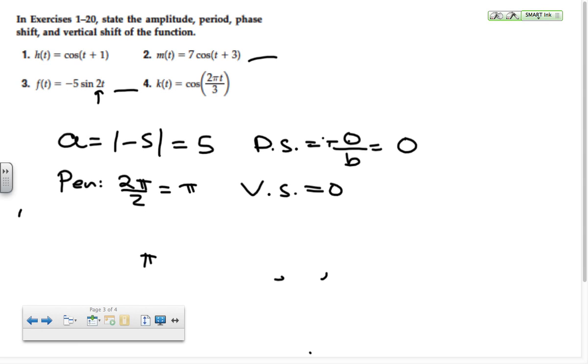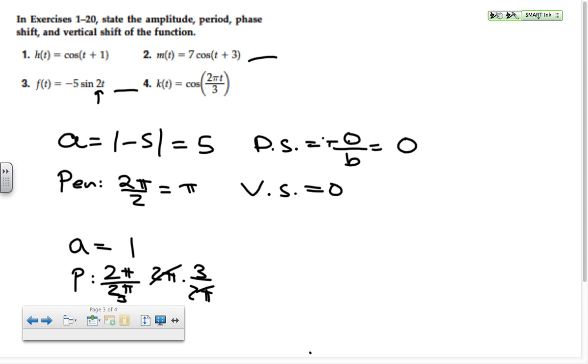Okay. So let's look at number 4. This one, the amplitude is 1. There's no number in front of the cosine. My period, this is the hard one. It is 2 pi divided by 2 pi over 3. So we're going to change this to 2 pi times 3 over 2 pi. Those cancel, so my period is 3.